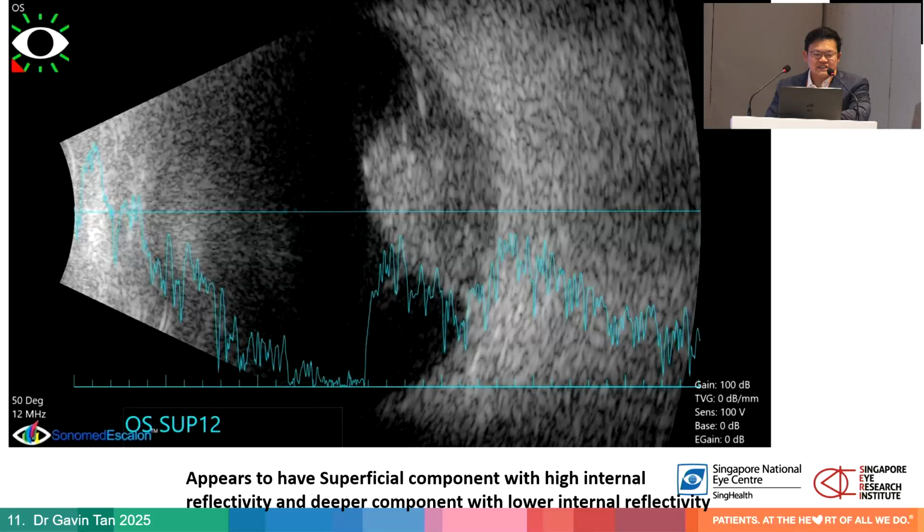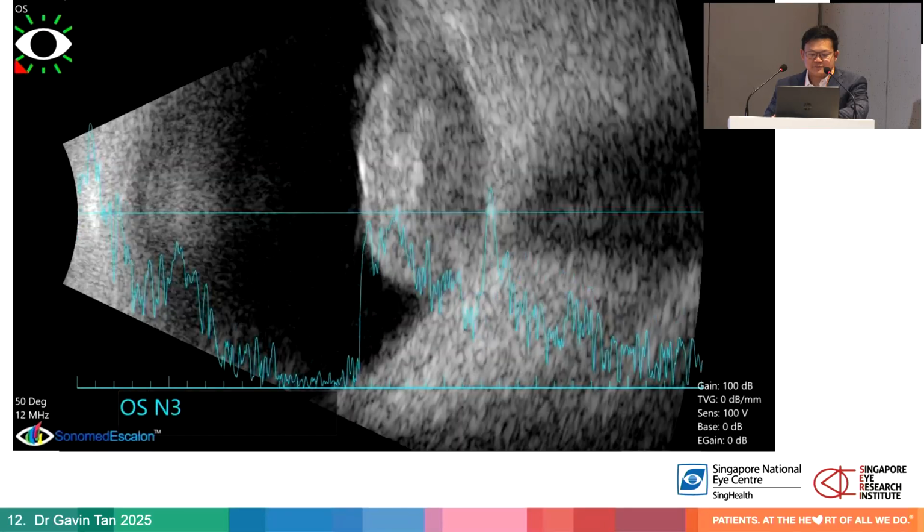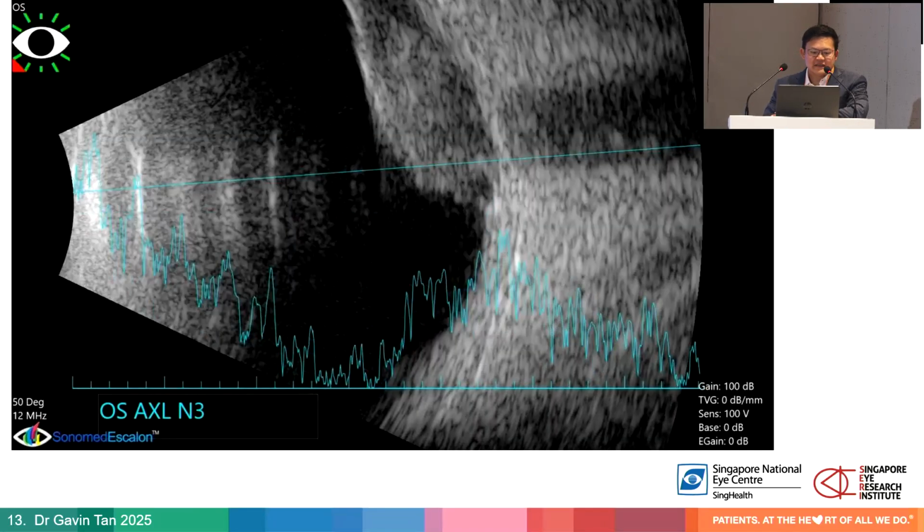There was an anterior portion which had a high internal reflectivity, very bright signal. Then a slightly lower internal reflectivity, almost but not quite an acoustic hollowing kind of appearance, in the deeper layers. And that was consistent throughout the various cuts of the B-scan.